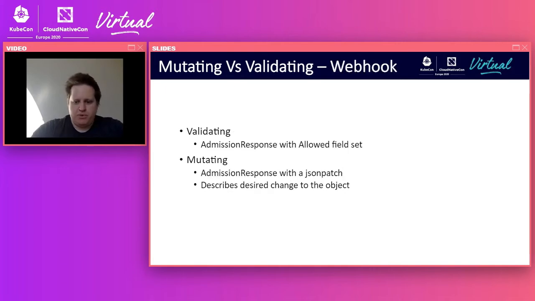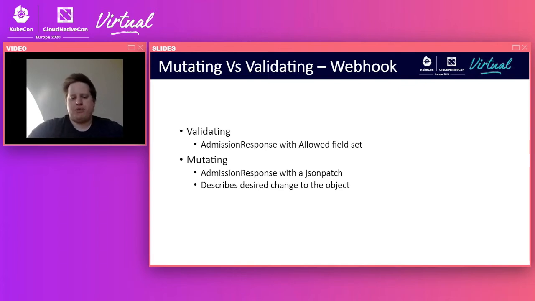Now we move back to webhooks, and webhooks are, again, a REST API, which both mutating and validating will get an admission review object in, and inside of that admission review object is going to be an admission request.